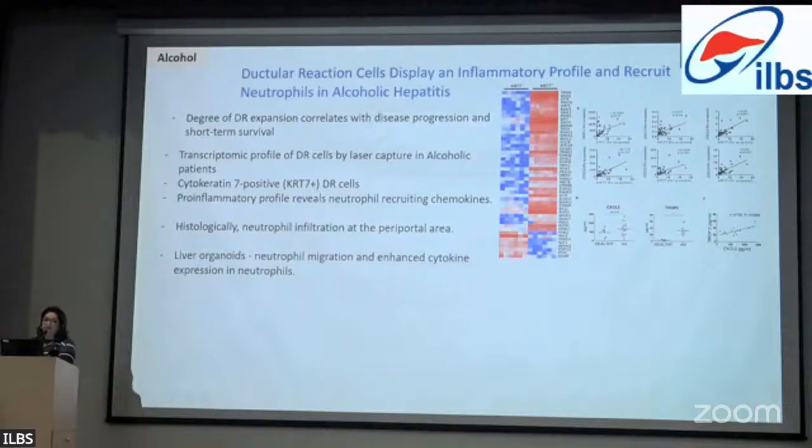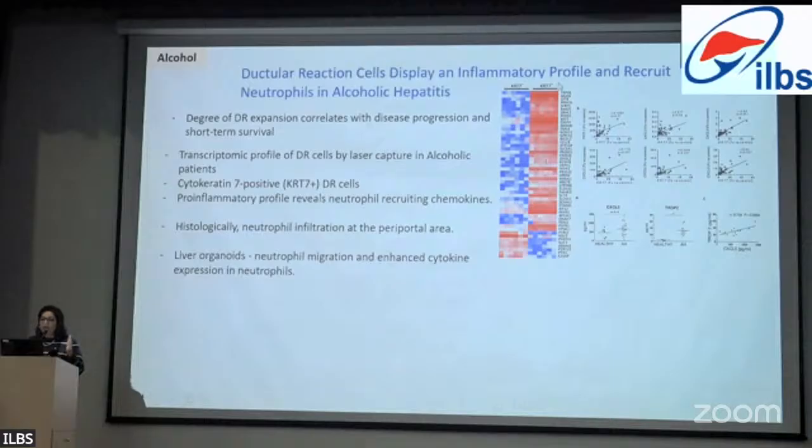Whenever we talk about NAFLD, it was more macrophages that were crosstalking. In alcohol, we know the neutrophil number also increases, and this has been shown in a Hepatology paper where they found that the degree of ductal reaction expansion correlates with disease progression and short-term survival. They found that cytokeratin-positive KRT7 cells are higher in number, and their gene expression profile also increases.